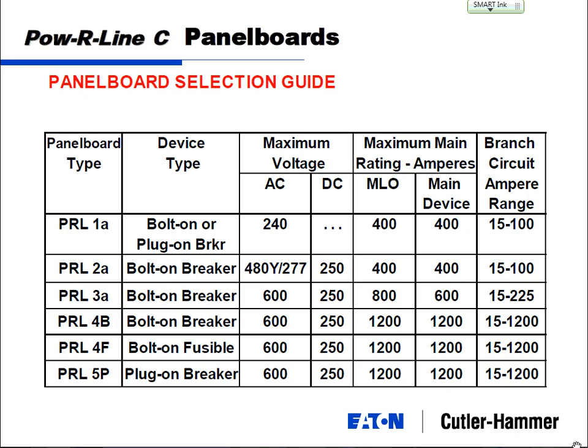So these solid state ones all come with dials on the front that you can dial up and down, and you can change the pickup settings for the amperage, and you can change time delay settings. And what that allows you to do is take your standard trip curve and move it around. So we know when this one's going to trip. There's a line here, and it's going to trip when you cross that line.